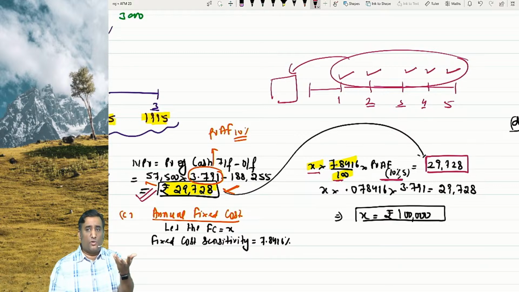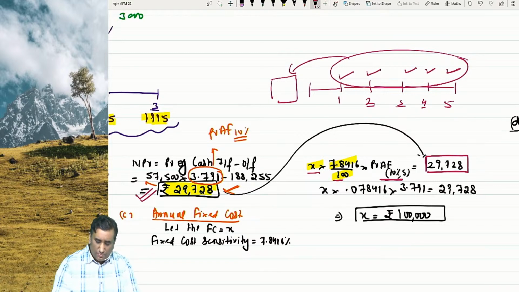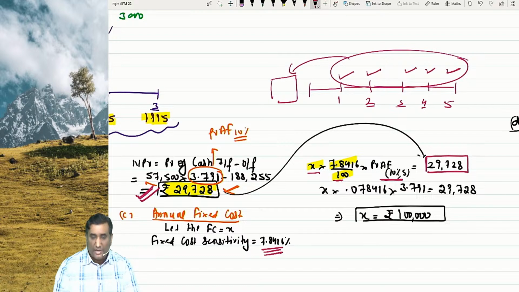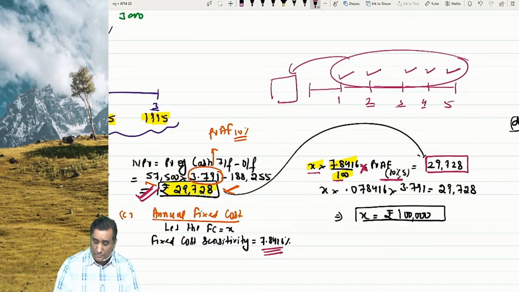So I say X is the cost. Based on X cost, we are already getting NPV of 29,728. In that I am making a change of 7.8416, then into annuity factor at this rate should give me X equal to what amount?